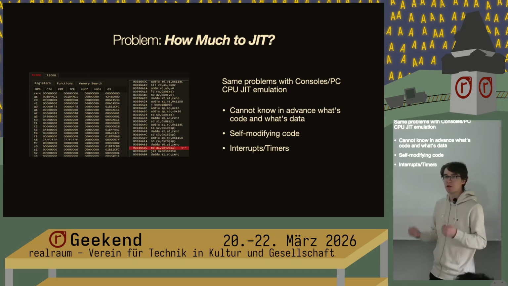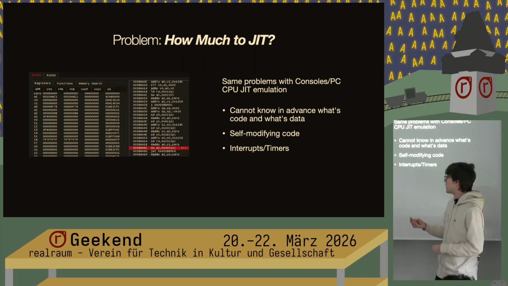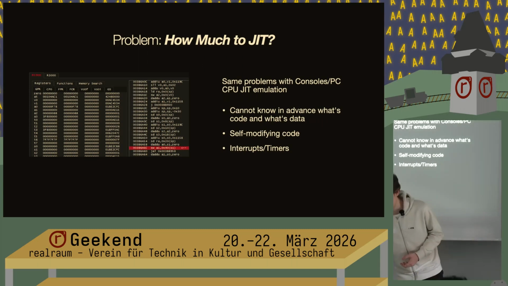And you can have self-modifying code, which makes this even more impossible because you would need to run the code in order to get the code, and that's not feasible. And also, you would need to simulate interrupts and timers, which you can't really port to an x86 machine.